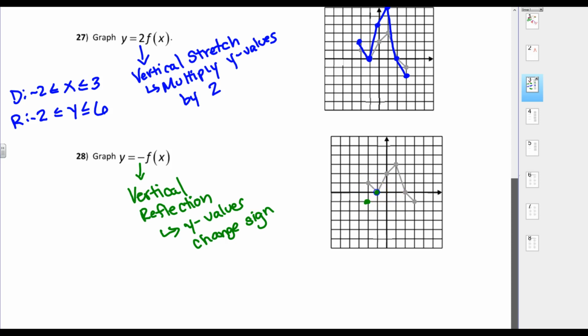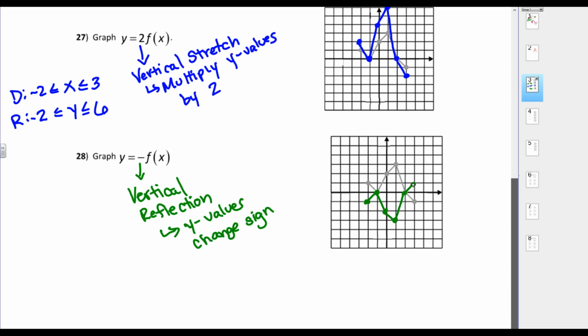-1, 0 stays -1, 0 because 0 has no sign. 0, 2 becomes 0, -2. 1, 3 becomes 1, -3. Again, the 0 doesn't change. And if we have a y value of -1, now it's a y value of +1. So now it looks like this.